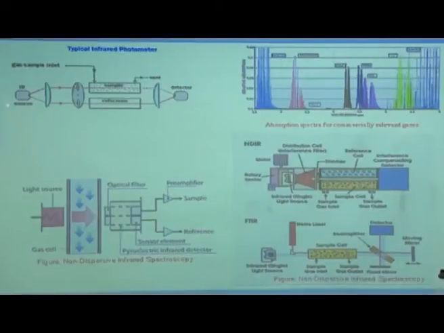Basically you see there is an IR source here, and then there is something called a chopper. So, you bring the IR beam and there is a chopper, and there is a gas sample coming in and gas sample going out. Suppose you are interested in measuring carbon monoxide, and then there is a reference signal here, reference gas.